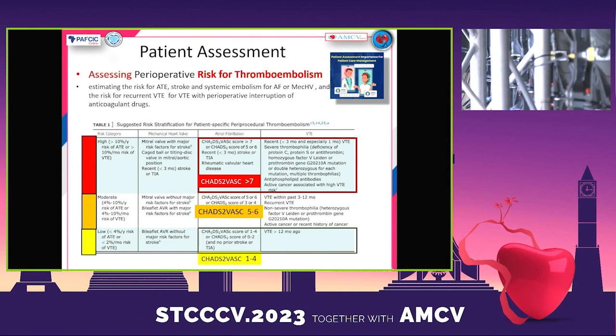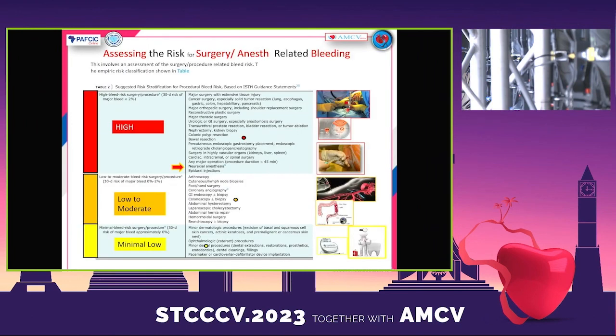In case of atrial fibrillation, you know that a CHA2DS2-VASc score of more than 7 is high risk, between 5 and 6 is middle risk, and 1 to 4 is lower risk. In the case of venous thromboembolism, it depends on how recent the embolism event was and on the existence of a thrombophilic predisposition.